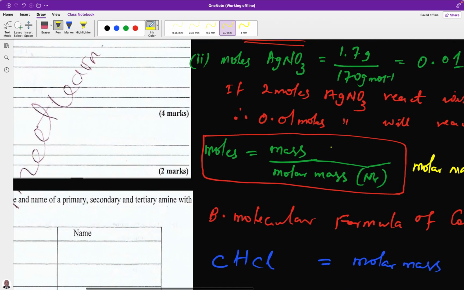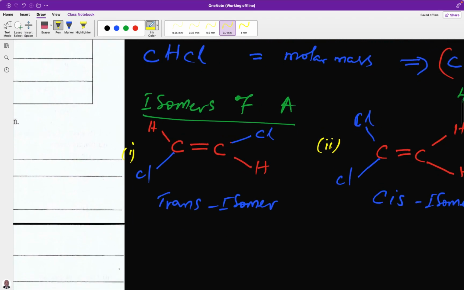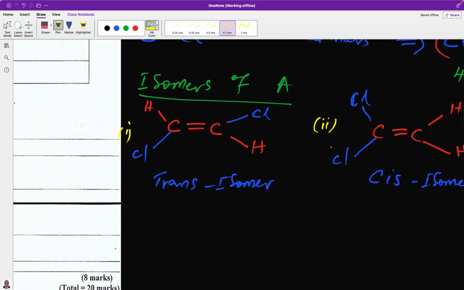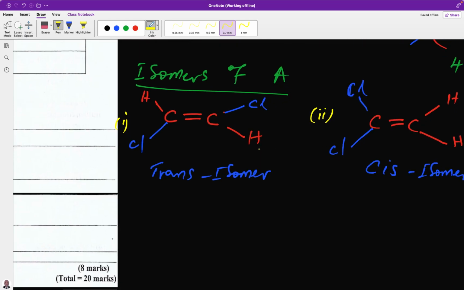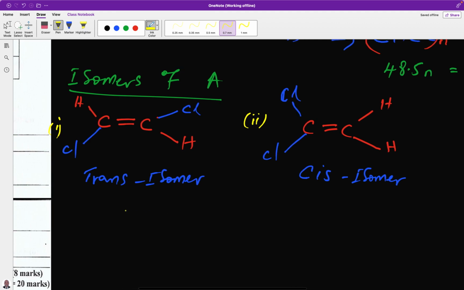Now, isomers: since they say the compound has a double bond, it is an alkene. It's a chloroalkene. So in this case, we can say it is 1,2-dichloroethene. So now we have a trans and a cis because of what?